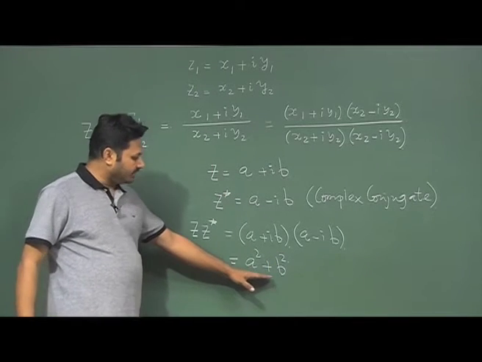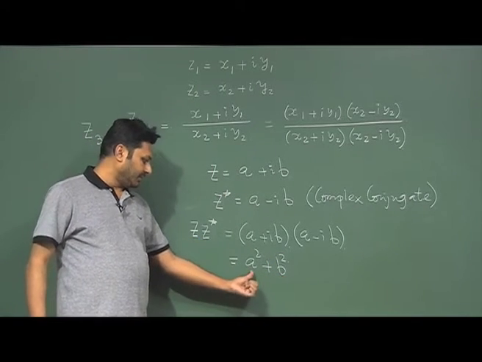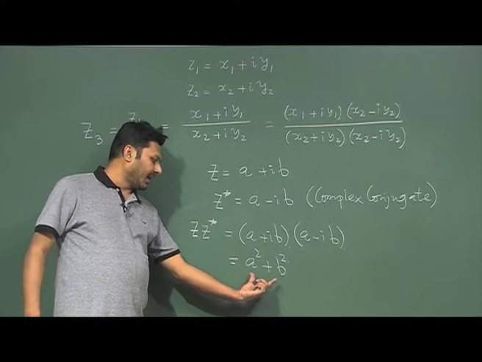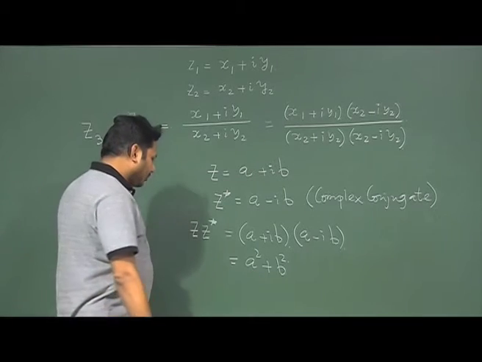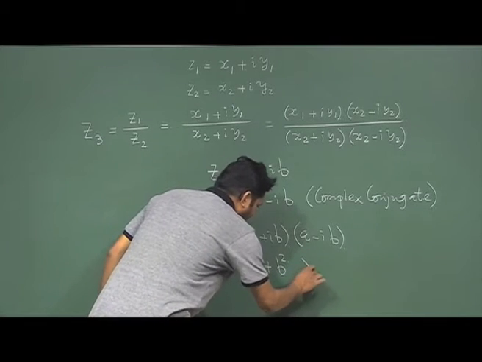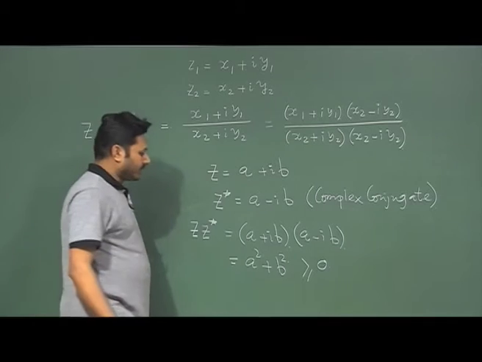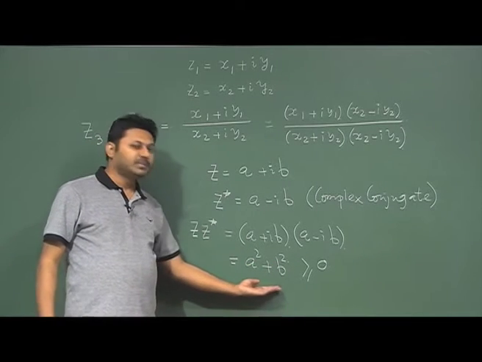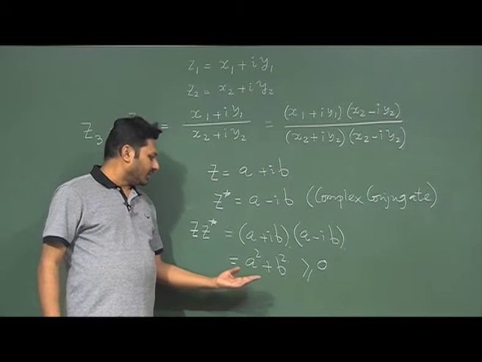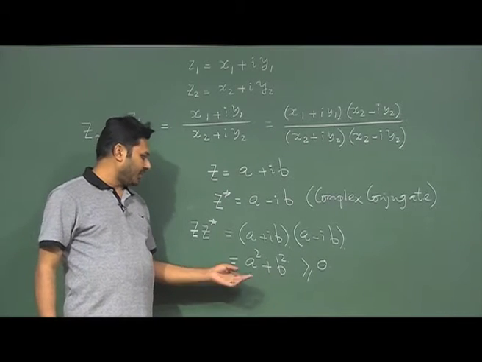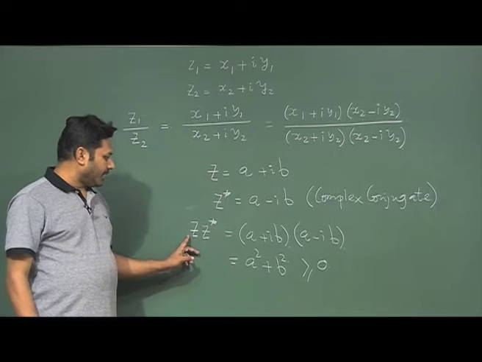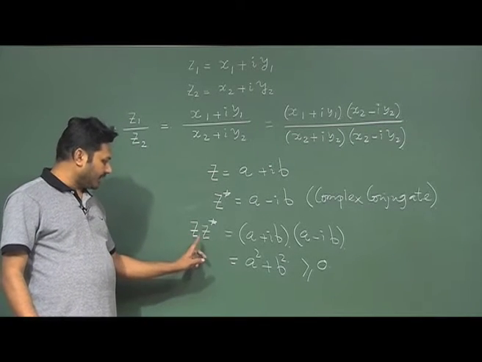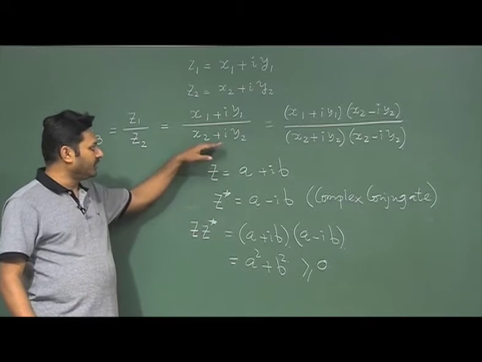Now, A is a real number, B is a real number, we square and add these two things. So, this quantity is always greater than or equal to 0 and real. This is important. If I have a complex number and want to make it a real number, I just operate with the complex conjugate.